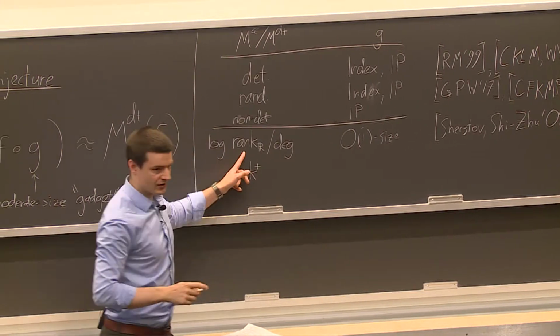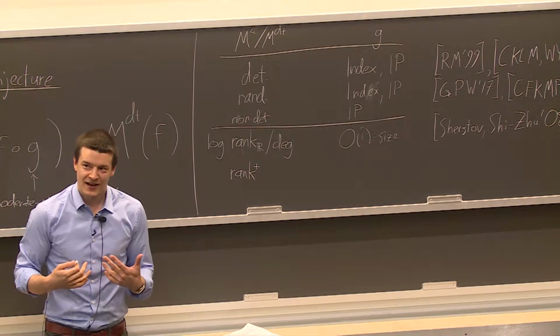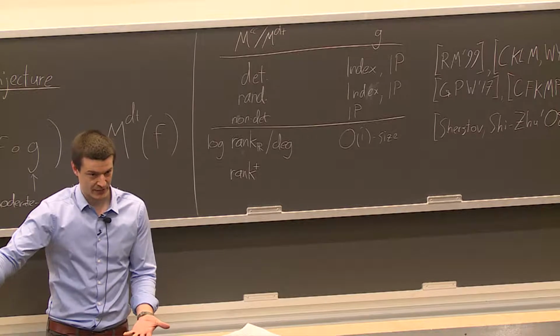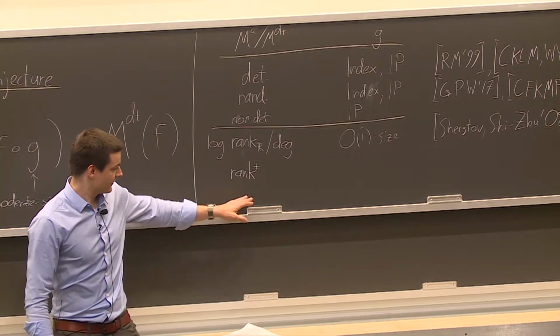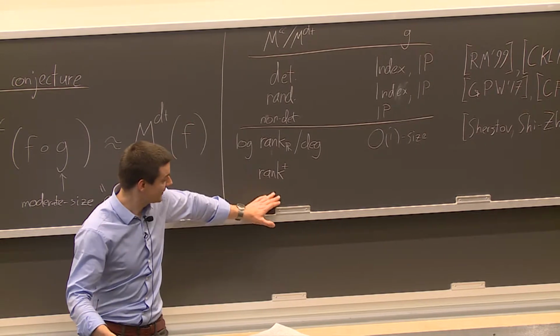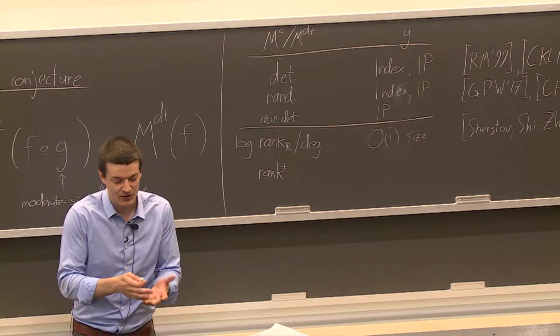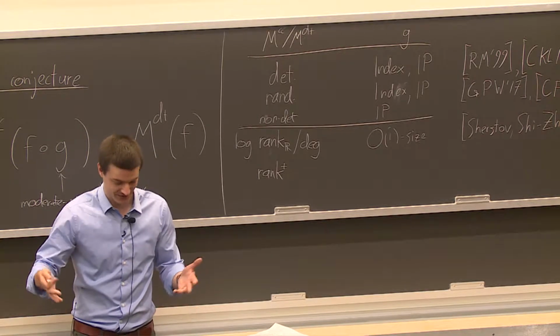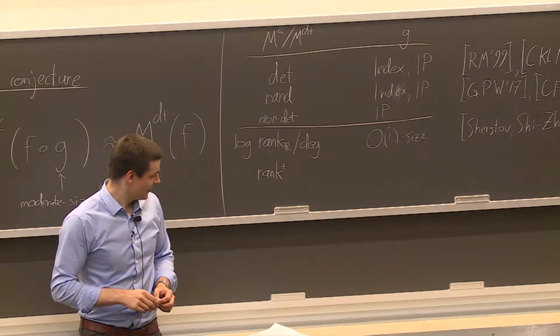Okay, so if rank of a matrix is asking how many rank 1 matrices do you have to sum up to represent the matrix, then the non-negative rank of a non-negative matrix asks how many rank 1 non-negative matrices do I need to add up together to represent my matrix.